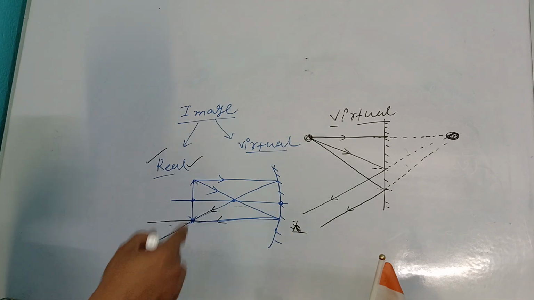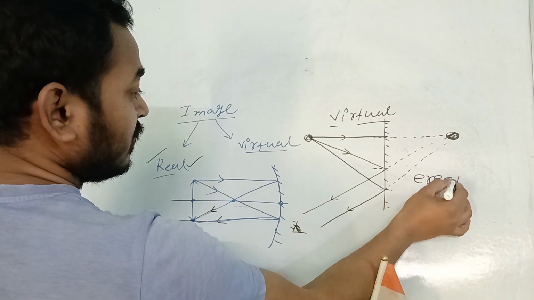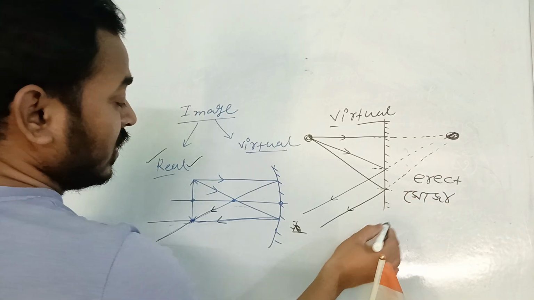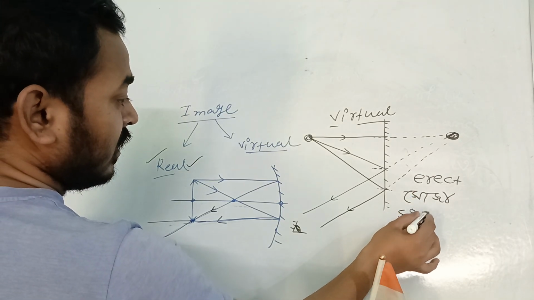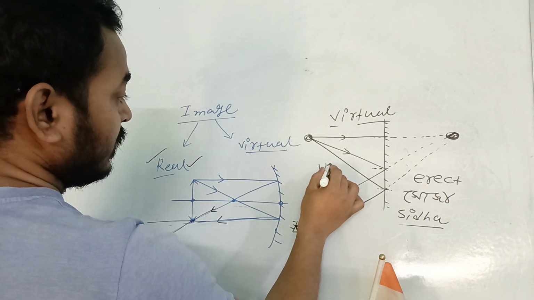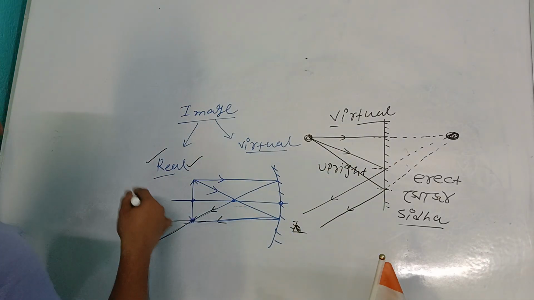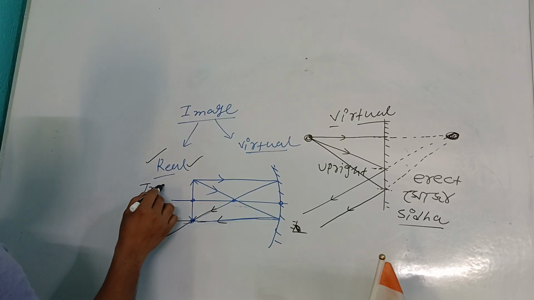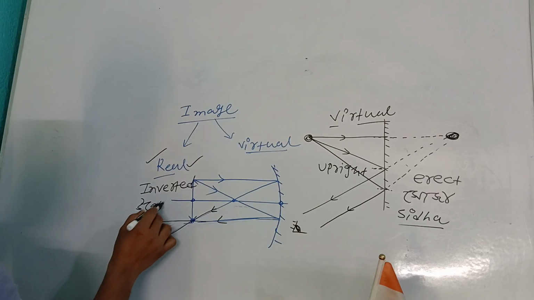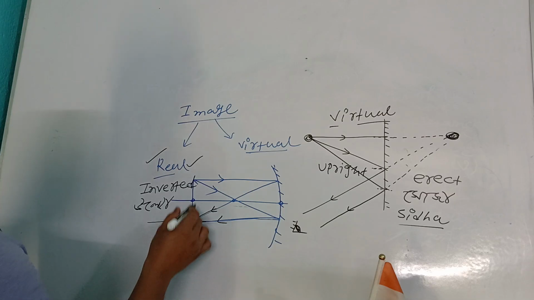Another point, remember: a virtual image is always erect. Erect means straight, upright. Erect or upright are the same. And a real image is always inverted, that is upside down, called ulta in Hindi.